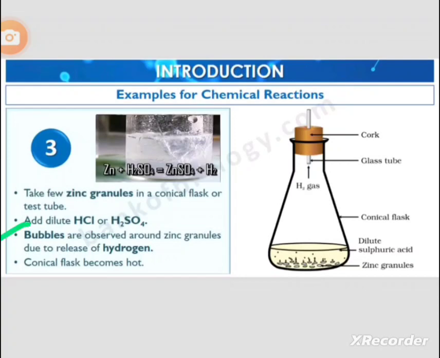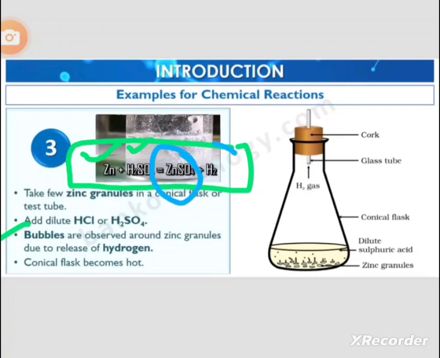The observation is that bubbles are observed after zinc granules release hydrogen, because there is also a chemical reaction written here. When zinc reacts with sulfuric acid, there is a formation of zinc sulfate and hydrogen gas is released, that is the hydrogen one, and there is a formation of a liquid product here, that is zinc sulfate.